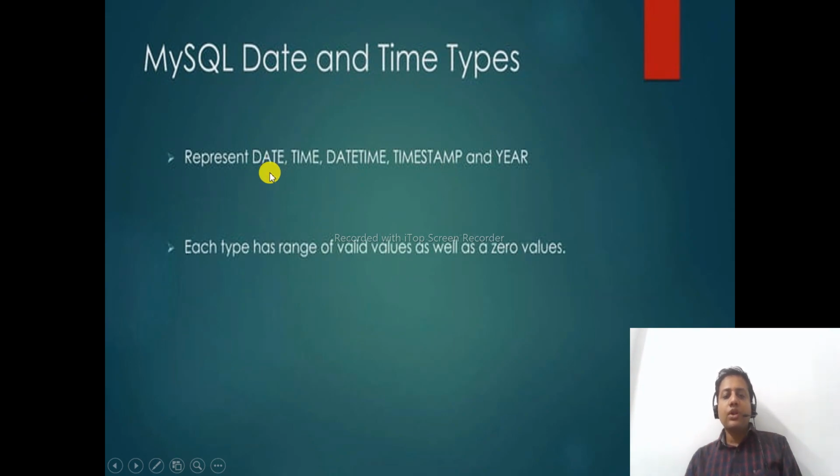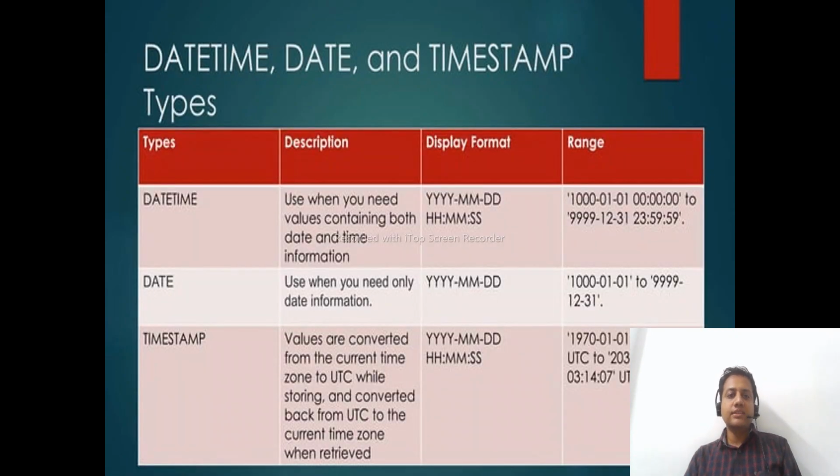Okay, so now we want the time also along with the date. So what we will do, we will take datetime type of data type. Earlier I have taken YYYY-MM-DD, now I am taking datetime. In this I will have YYYY-MM-DD, along with that I will also have time, but that time will be in hours, minutes and seconds format.